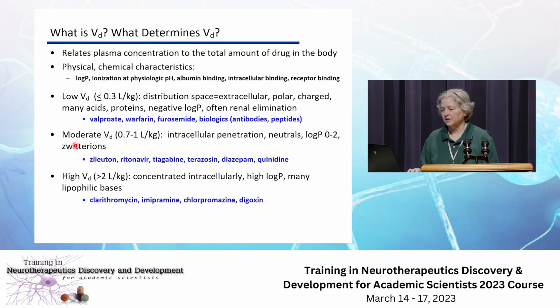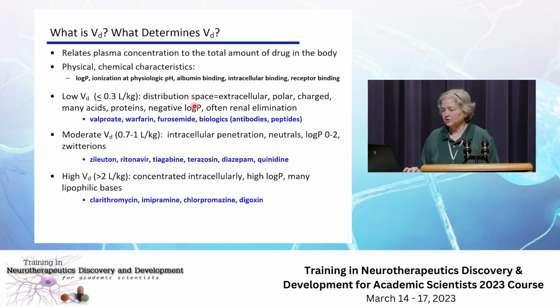Volume of distribution at a high level is divided into 3 buckets. Low volume of distribution, moderate and high. These buckets are the same across animals and into humans. So a definition of a low volume of distribution compound in a rat is the same as a low volume of distribution compound in humans.